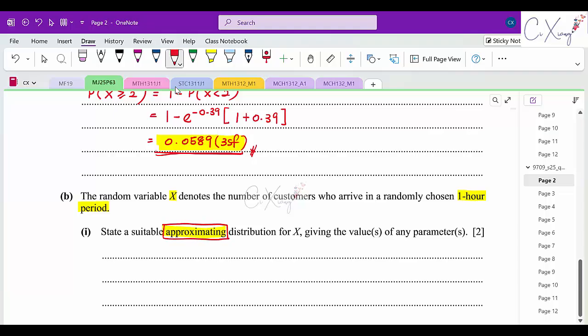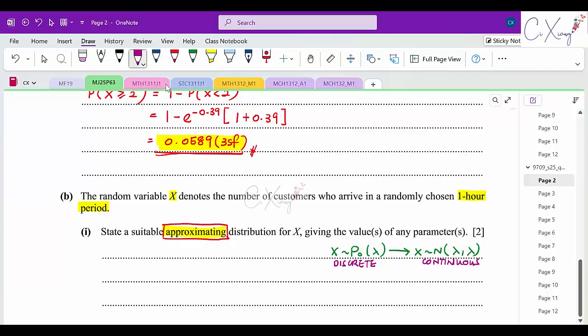In our syllabus, Poisson can be changed into a normal distribution if the lambda is more than 15. Poisson is a discrete random variable, while normal is a continuous random variable.